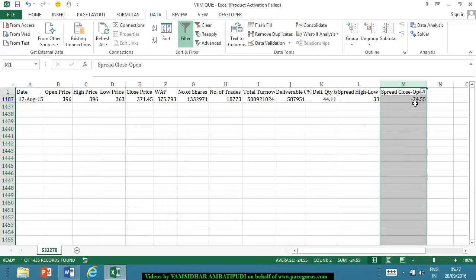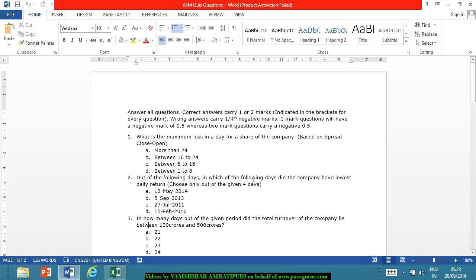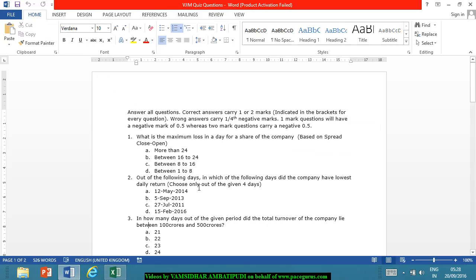Now I'm getting it as minus 24.55. So this is the way I'm selecting more than 24 because the loss is more than 24 here. So I could have easily selected this as the option.